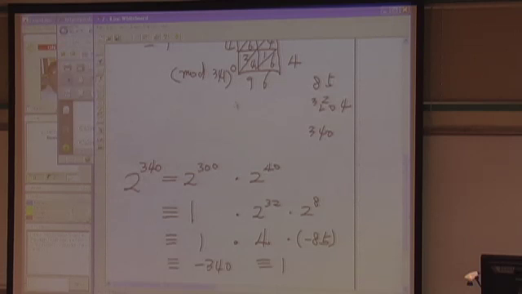Right, 10th power gives us 1. I didn't know that. So text knew about 10th power, but I didn't know 10th power.